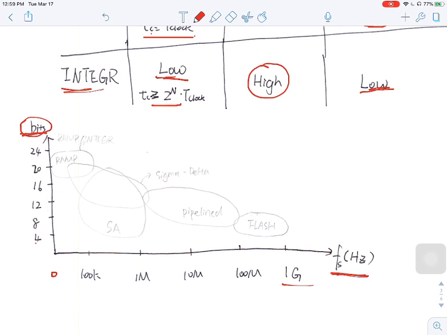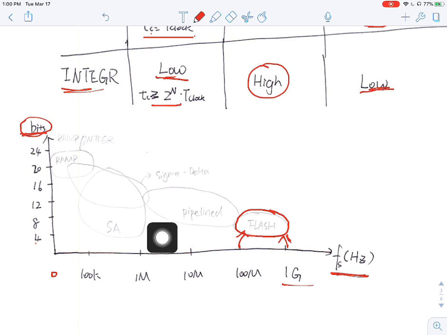So let's look at the lower end of bits. Your flash ADC only has configurations between about 4 to 8 bits, but it can give you a very high sampling frequency. Next we have pipelined ADC, which we didn't cover, but that's one type of ADC, and you can use a little higher bit numbers, but it gives you a smaller, slower sampling rate.